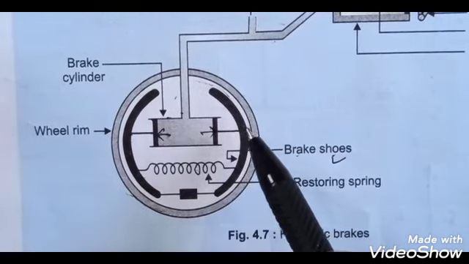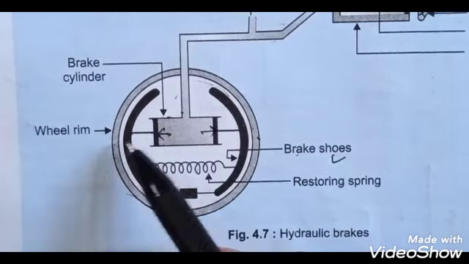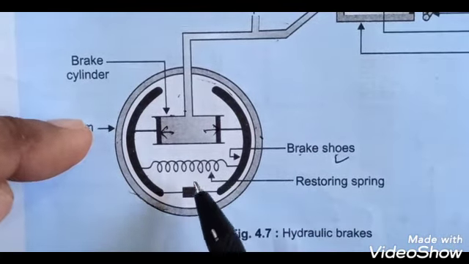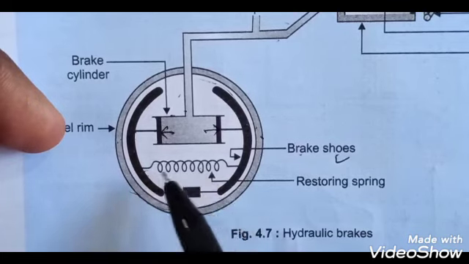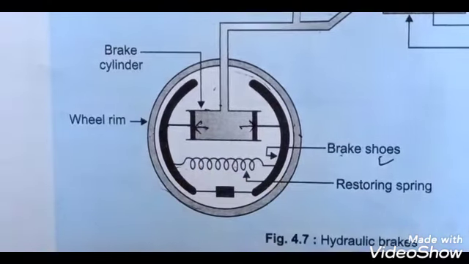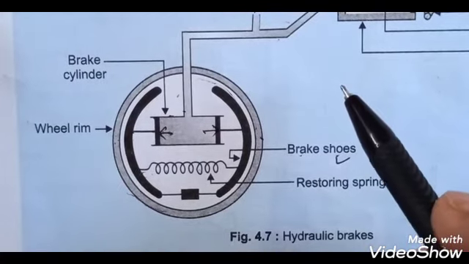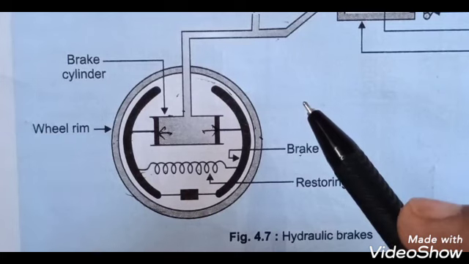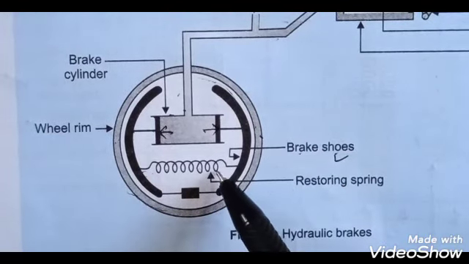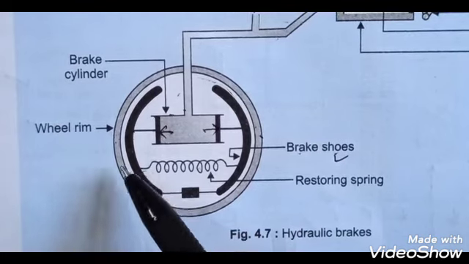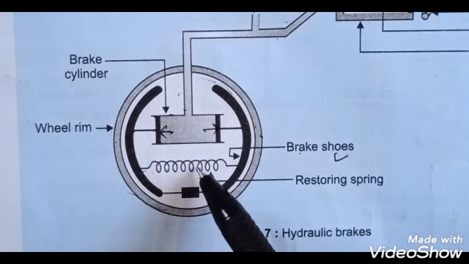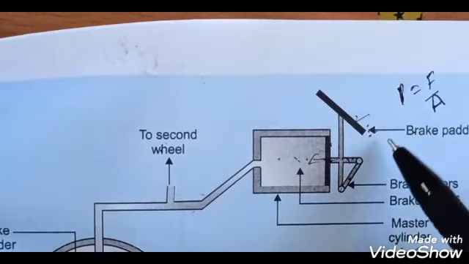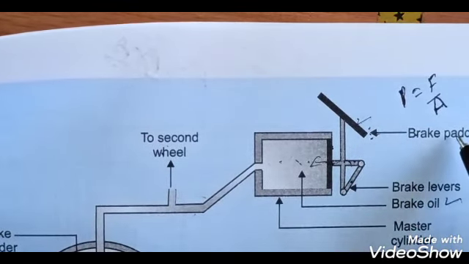Right? Now these shoes are in contact with wheels. So when these shoes are in contact with the wheels, this spring which is attached with the brake shoes is stretched. And a stretched spring develops a restoring force in it. Restoring force means this stretched spring brings these shoes back to normal place when the foot is taken off the brake pedal.